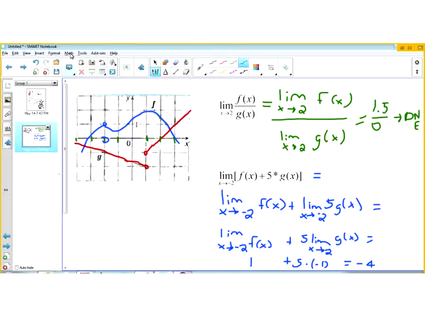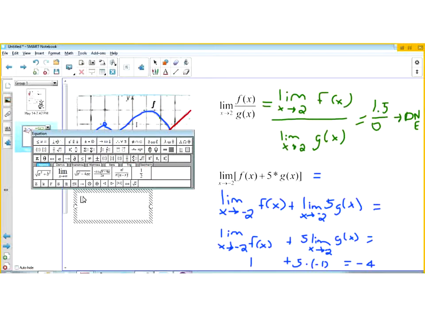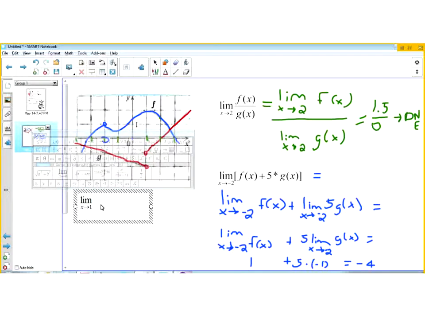How about we ask this one? The limit as x approaches 1 of, say, f of x times g of x. So how would we evaluate this?